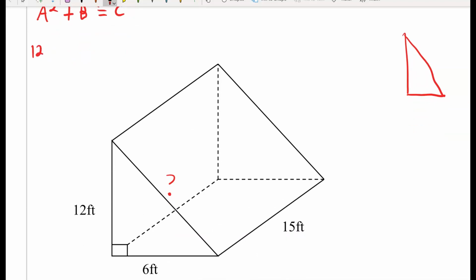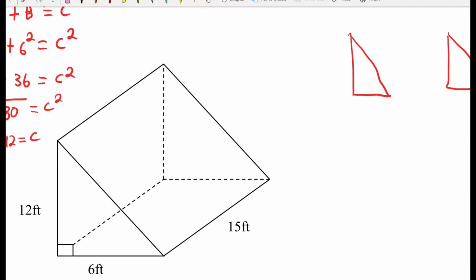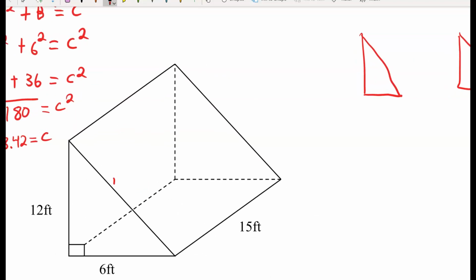Now we have 12 squared plus 6 squared equals c squared. So 144 plus 36 equals c squared. 180 equals c squared. Find the root of 180, which gives us 13.42 for c. So our unknown is now 13.42.